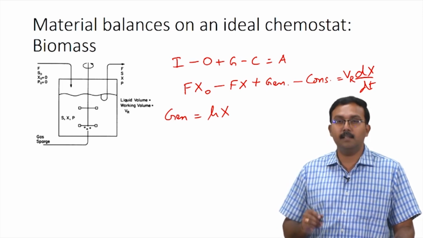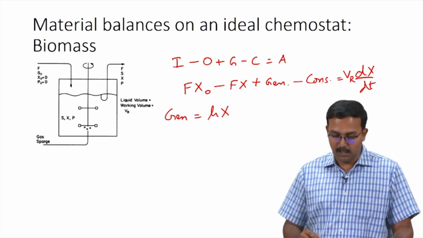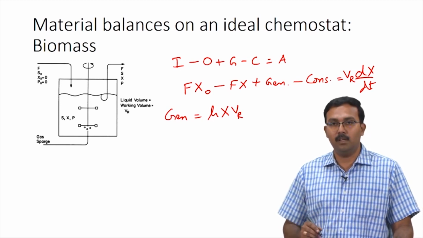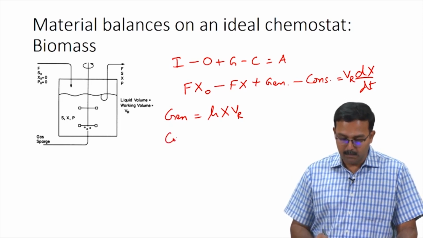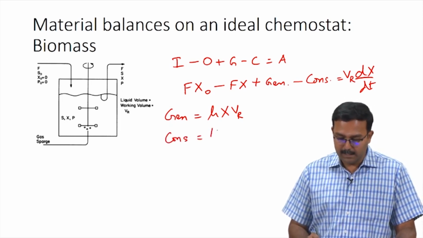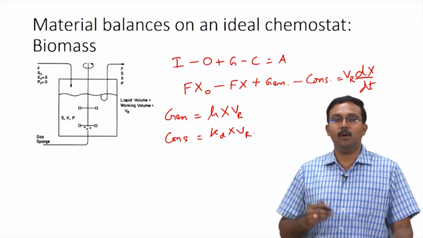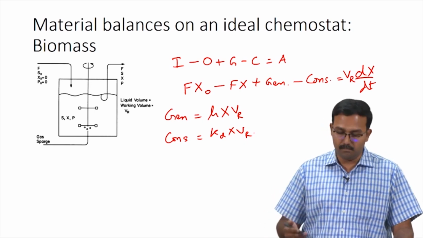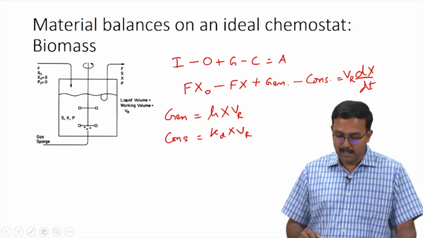We want the change in total mass of the cells with respect to time, so this multiplied by VR, the volume of the reactor, gives us the generation term. Similarly, we can get the consumption term as KdXVR, where Kd is the specific death rate, or the specific rate at which endogenous consumption of biomass is happening.